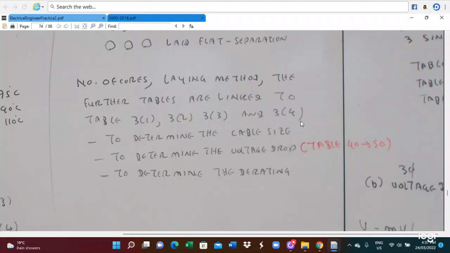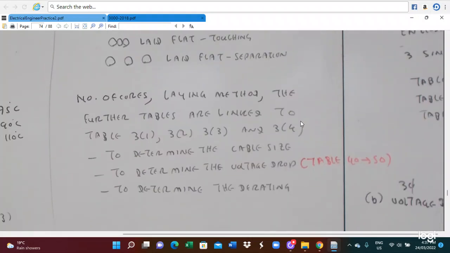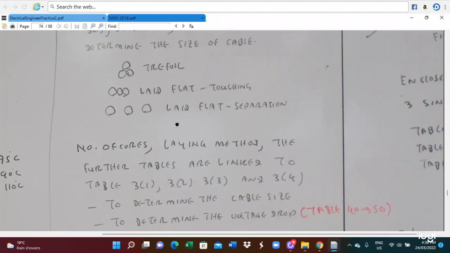So the derating factor, the voltage drop calculation and the cable size determination are the calculation process. By referring to tables 3-1, 3-2, 3-3 and 3-4, we determine the cable size. We determine the voltage drop by using tables 40 to 50, and we also determine the derating. So this is the way we have to calculate.